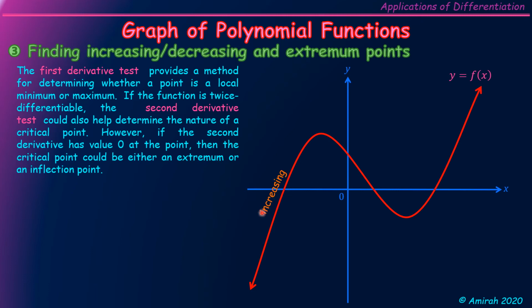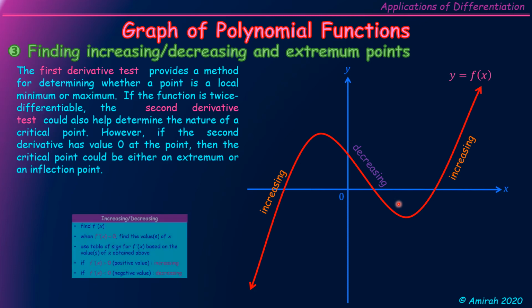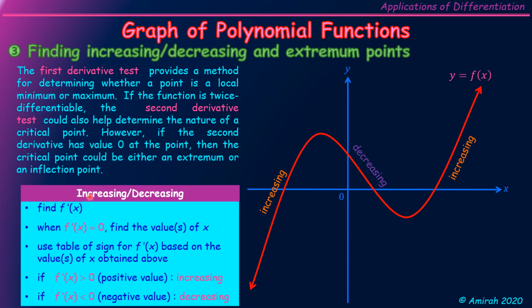Now we consider this graph. This is increasing. This is also increasing. This is decreasing. To find the interval where f(x) is increasing or decreasing, first we need to find f prime x. And then when f prime x equals 0, we find the value of x.